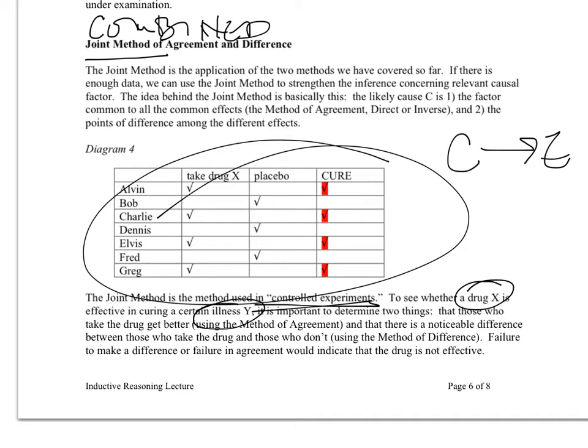You want to make sure that all the people who take the drug actually get better. So in this case, the people who actually take the drug takers, are the people who actually get better. And this is going to be the method of agreement that you use.